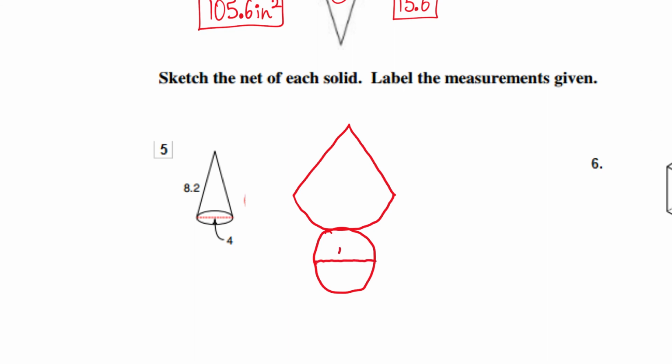Okay, so from here to here is 4, and this 8.2 is the distance from here to here. All we're doing on this is sketching it and labeling the measurements. We're not doing anything else besides that.